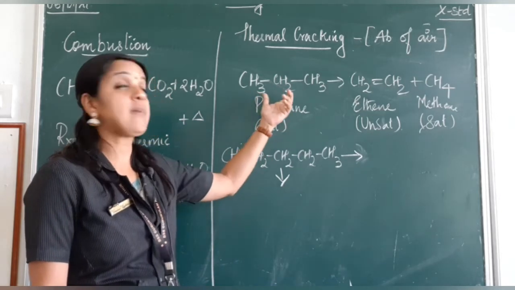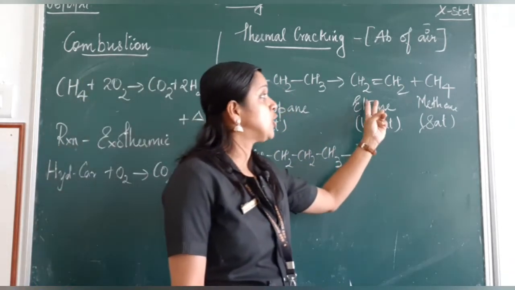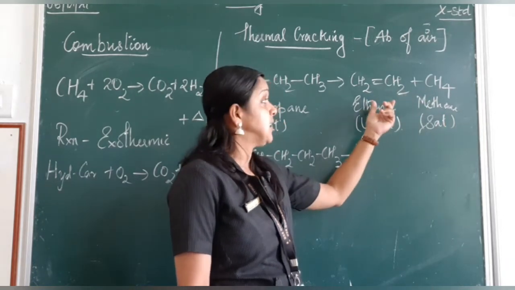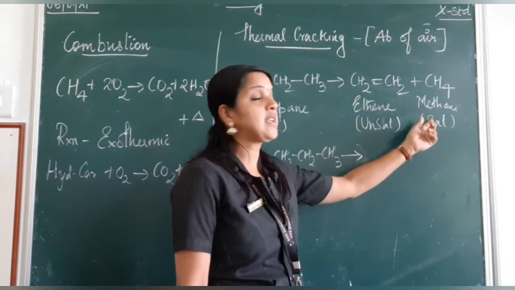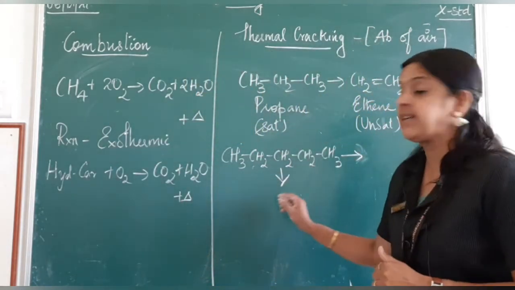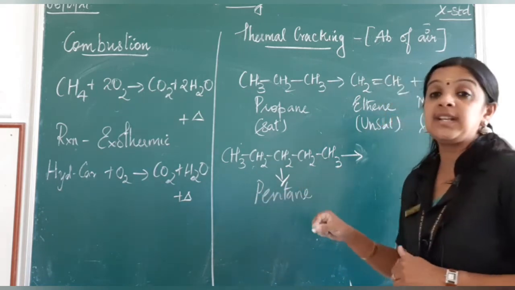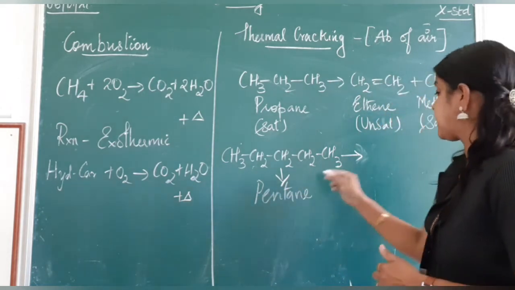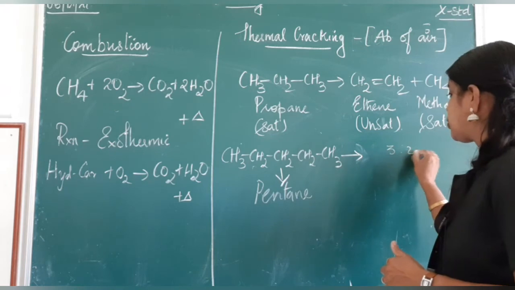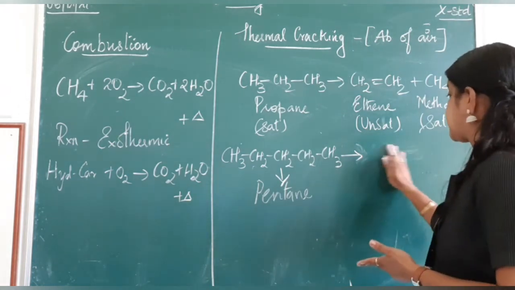And this cracking or the cleavage of the chain can take place in many ways. If you see a 3-membered carbon, that is propane hydrocarbon, it splits in a 2:1 ratio, that is double bonded ethene and a single bonded methane. Now let's see this example. I have a pentane, this is 5-membered. Pentane can undergo cleavage in two different ways. It can split as 3:2, where 3 can be unsaturated and 2 can be saturated.